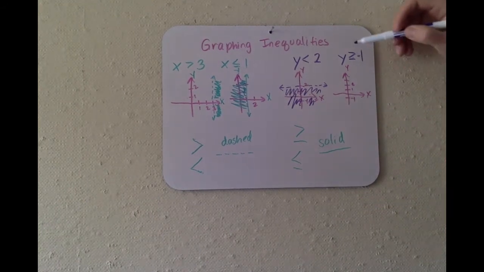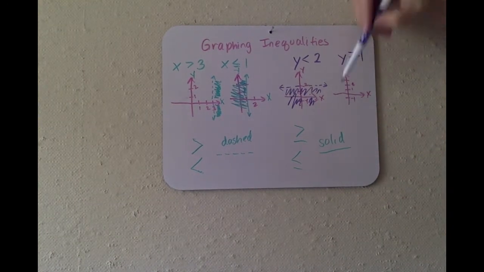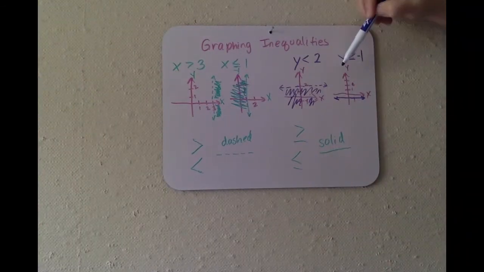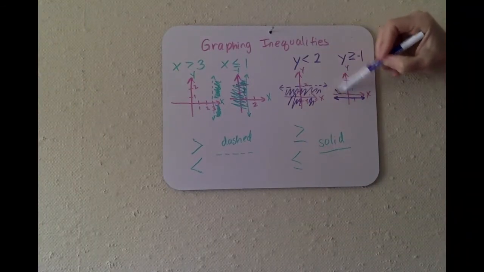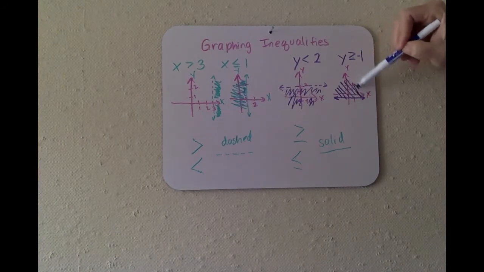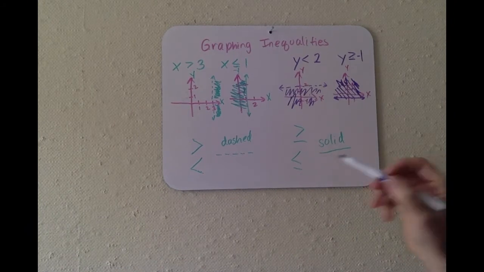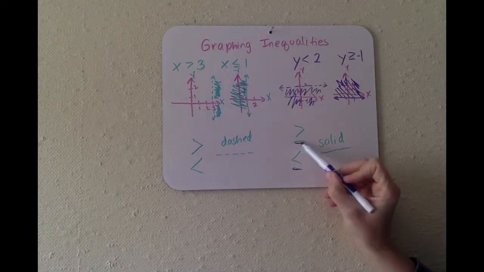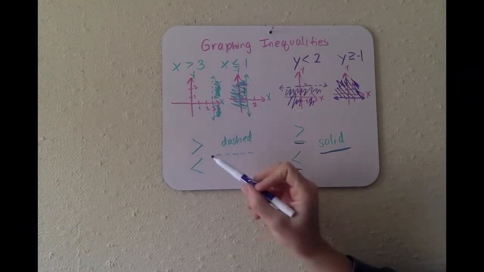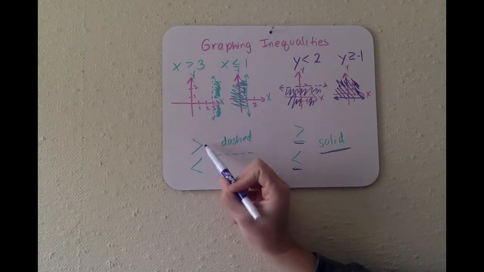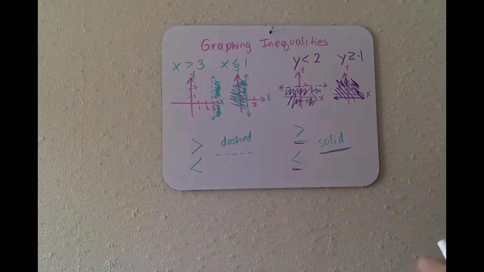Then we have y is greater than or equal to -1, so that's going to be a solid line at -1, and it's everything above the line. So again, if you have the equal sign, you're going to make it solid, and if you have just the greater than or less than sign, it's going to be dashed.